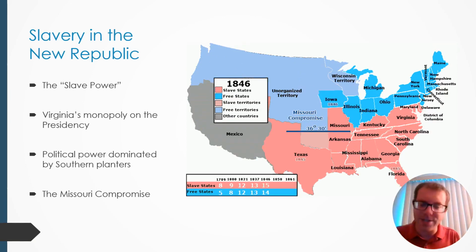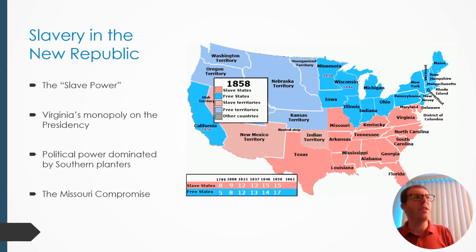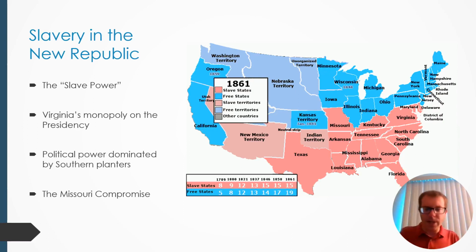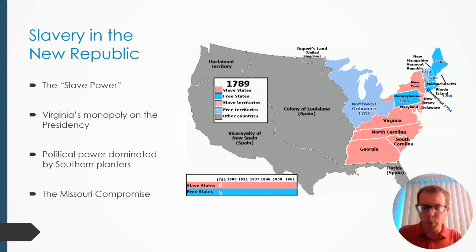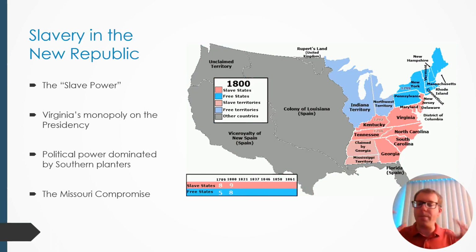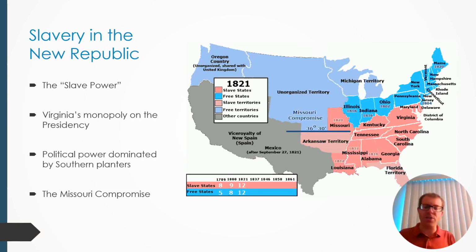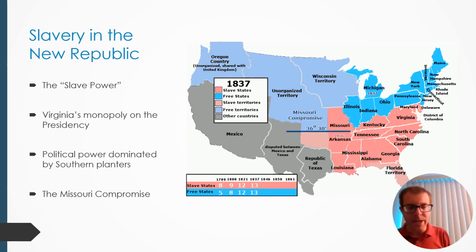But nonetheless, if you go through the list of pro-slavery presidents, with the exception of John Adams and his son John Quincy Adams, every single president up until 1850 personally was involved in the institution of slavery, personally enslaved people. So the amount of control that these pro-slavery politicians have in the early republic is pretty substantial.